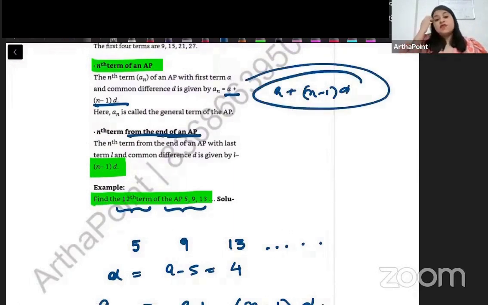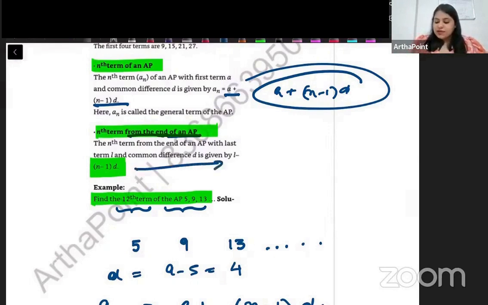Sometimes they will ask you to find the nth term from the end. I will give you a question right now to practice. If you have to find the nth term from the end, then that will be given by, beta, last term minus n minus 1 into d. तो दोनों formulas को अच्छे से देख लो.